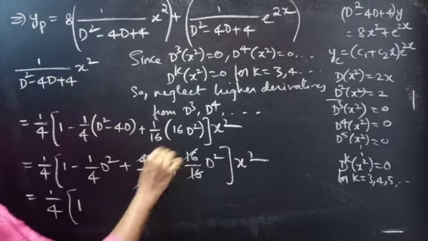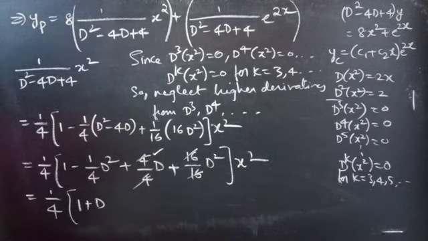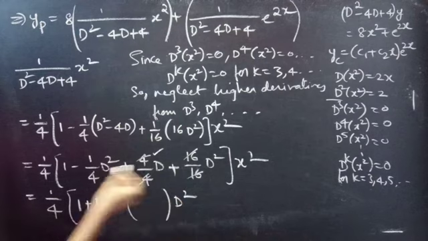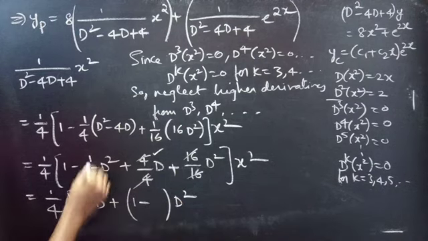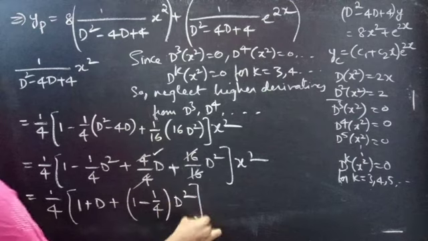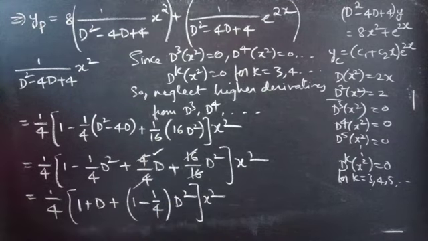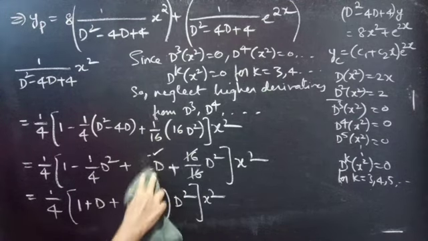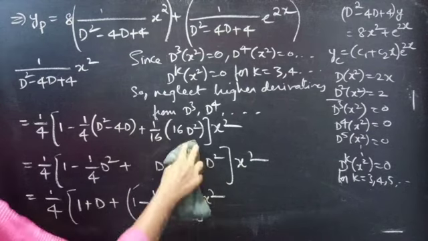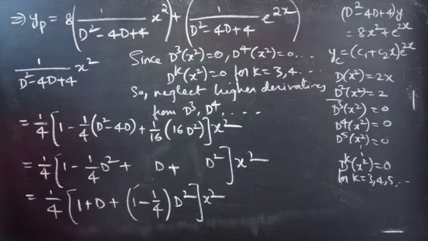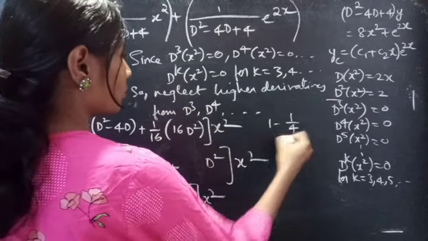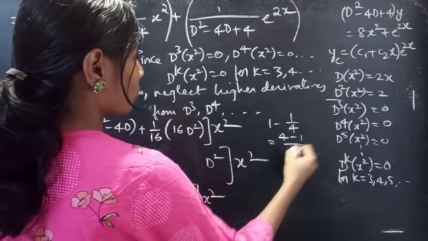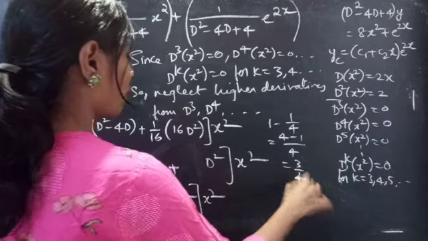Now write the term involving d: plus d, plus the terms involving d square: 1 minus 1 by 4, into x square. 4 by 4 is 1 and here 16 by 16 is 1. Now it's easy to write this step. Now find 1 minus 1 by 4. Simplify: 1 minus 1 by 4 is 4 minus 1 by 4, which equals 3 by 4.